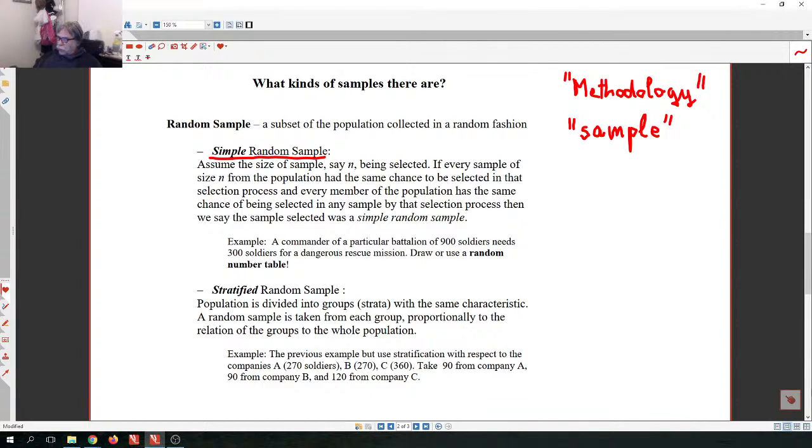What is a simple random sample theoretically? It has to satisfy the following. Every single soldier, every single item from the population, has to have the same chance to be in your sample as any other item in the population. Any 2 items in the population have to have the same chance to be in your sample as any other 2.